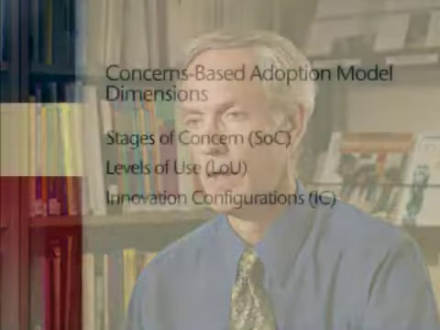Mostly, the problems that come about with change from the CBAM perspective have to do with the not so much that the innovation is not well designed or not effective, but rather its use is not at the highest level right from the beginning. And so those are the aspects that you want to improve.